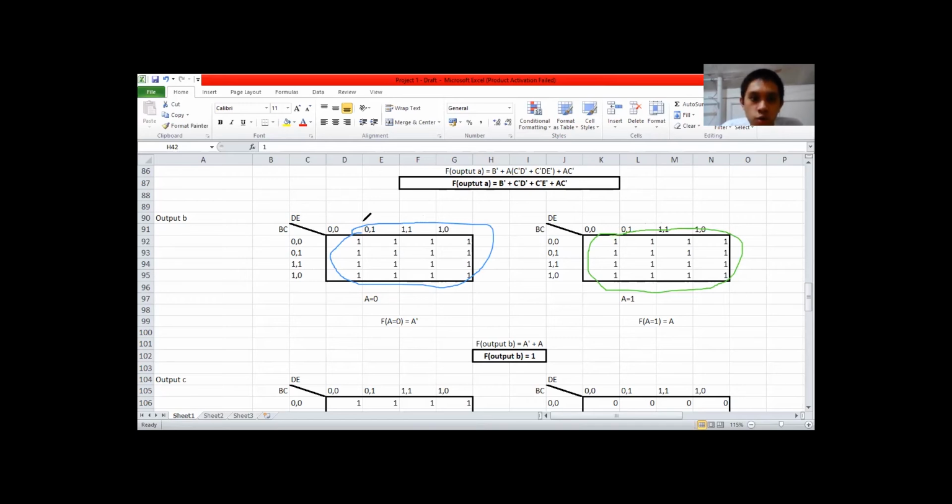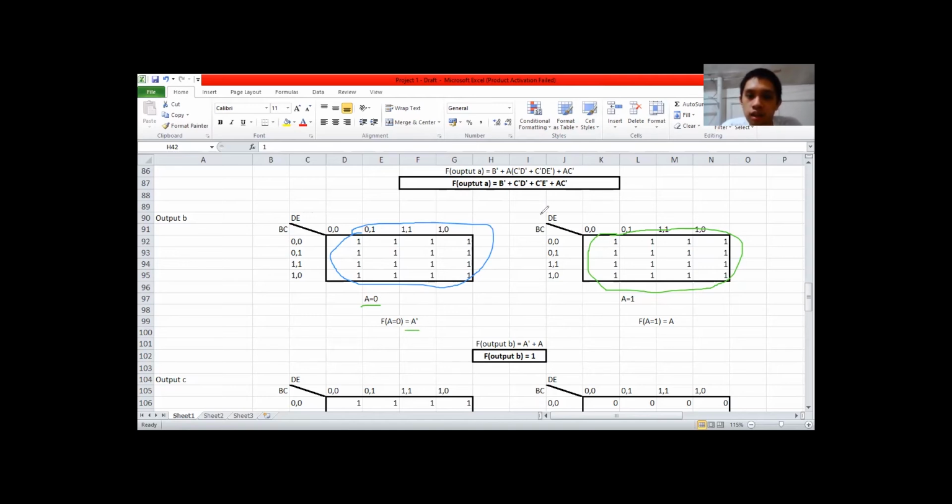So for the blue group, where A is equal to 0, since all of its cells contain a value of 1, therefore the literals B, C, D, and E will cancel. We are left with A is equal to 0, which is A prime in SOP.